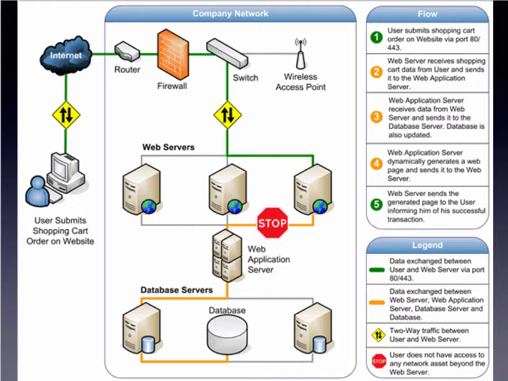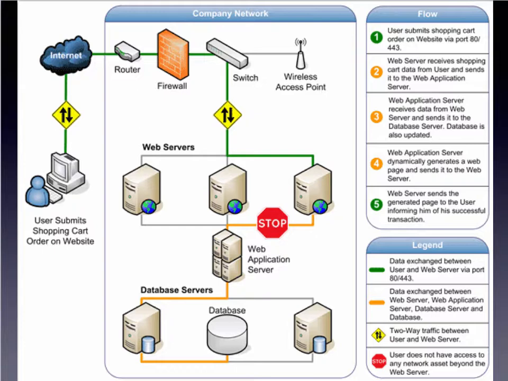The web server receives the information from the user and sends it to the web application server. Notice that the web application server is not accessible by the user. Instead, the user only accesses the web server. The web server then accesses the web application server, and the web application server accesses the database servers.